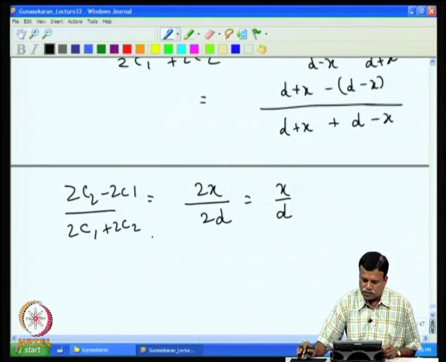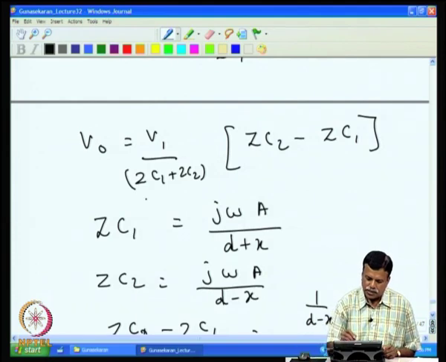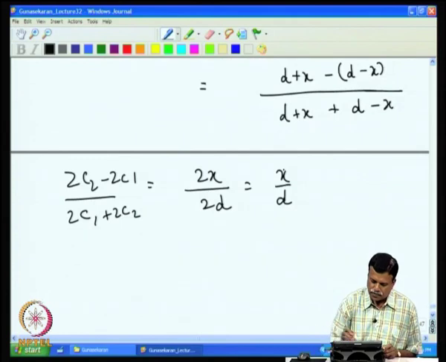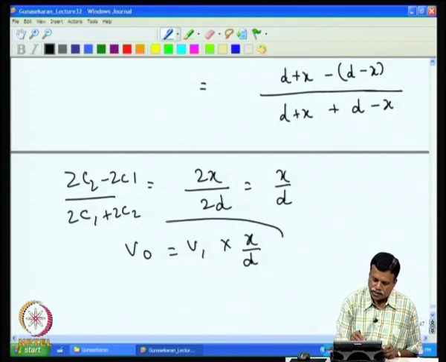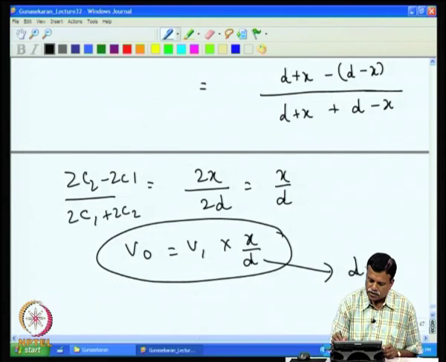So, then V0 will become, because V0 is shown as this, V0 will be V1 into x by d, which is actually linear, because d is fixed, V1 is fixed.